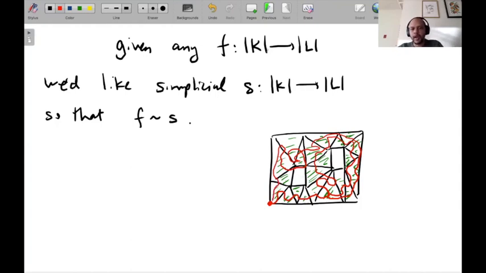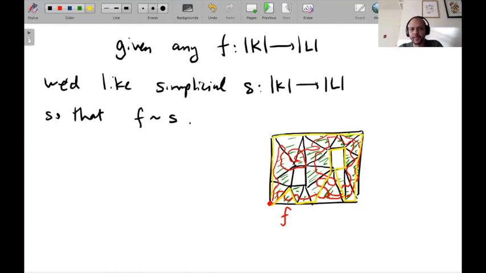Now, according to the edge group theorem, this loop should correspond to some edge loop. So if we knew that this loop, which we shall call f, is homotopic to a simplicial one, well, a simplicial one only visits edges and vertices, and it goes like this, and maybe it comes back around.